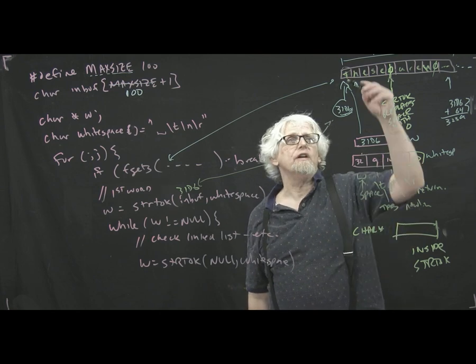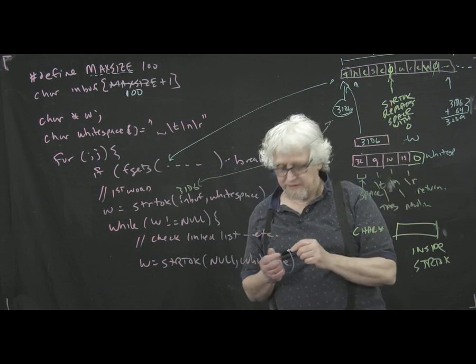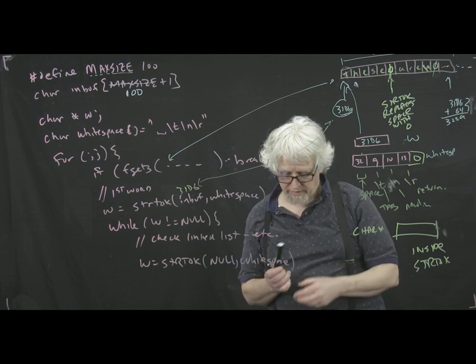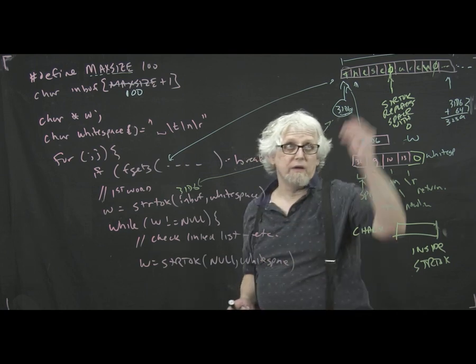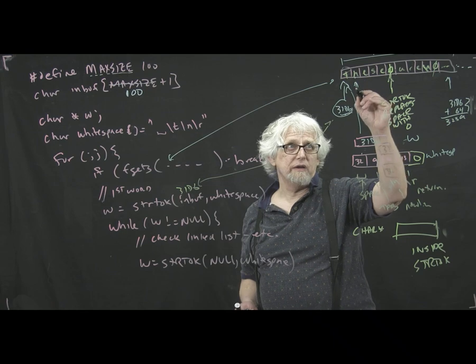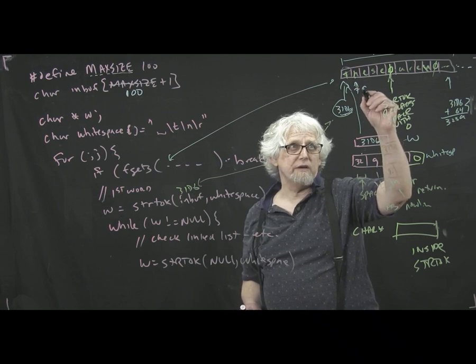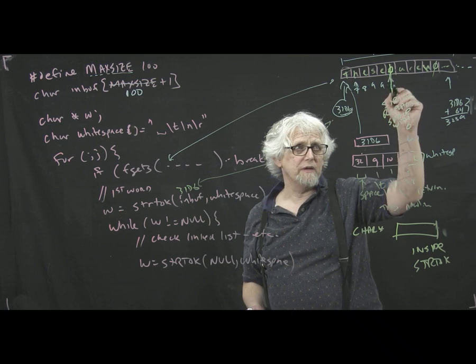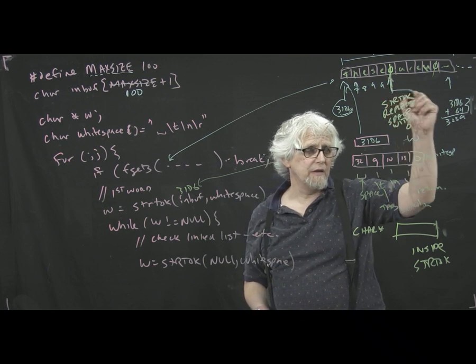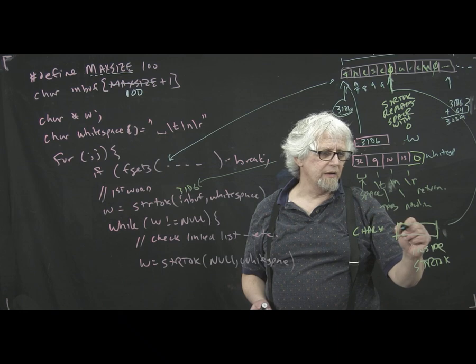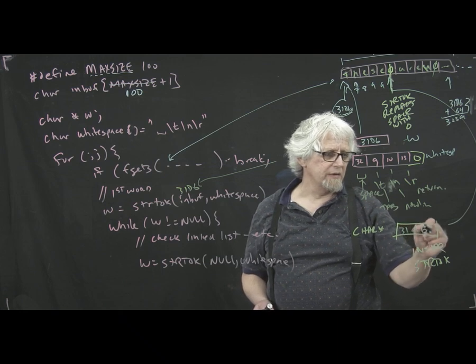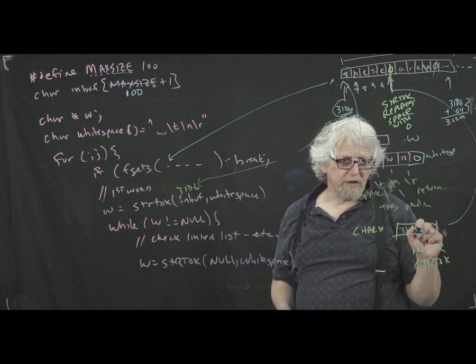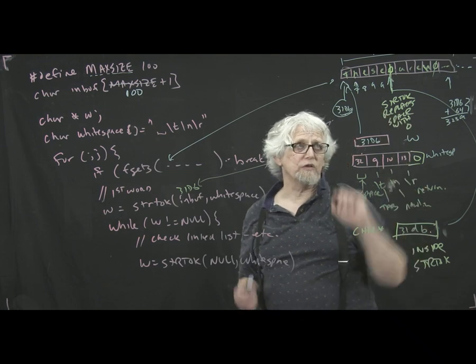In this case, it started at 31D6, 7, 8, 9, A, B. So this address was where that 0 is, right?